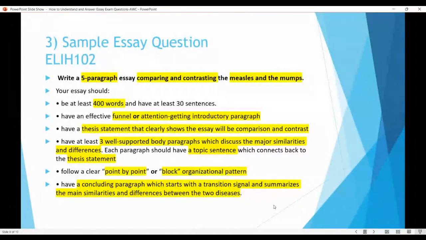So this ensures that your conclusion is very, very effective. So you start with a transition signal of conclusion, then you summarize what you have said before. That means if you have done these two things, your conclusion is very, very effective. It will help you get top grades.